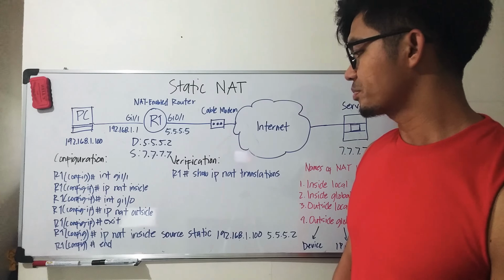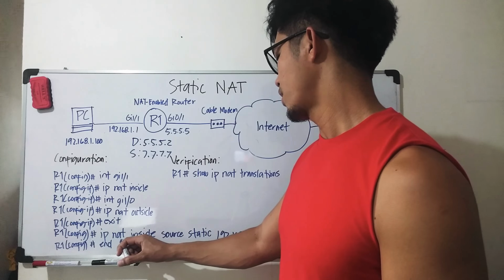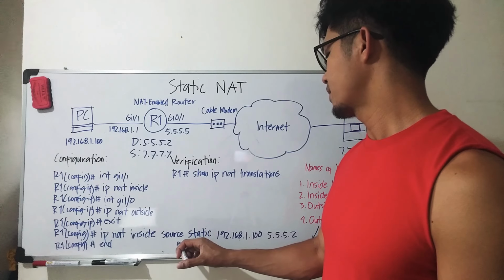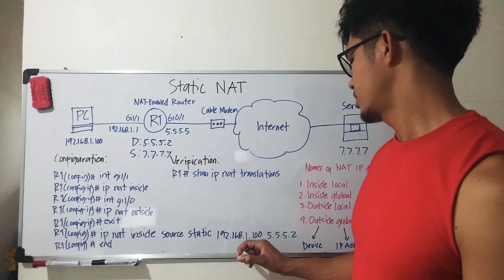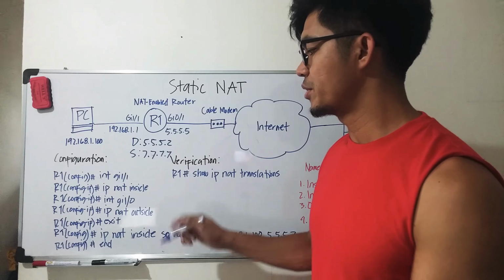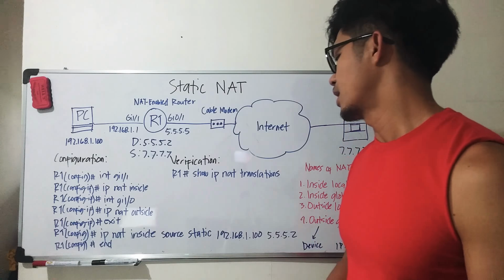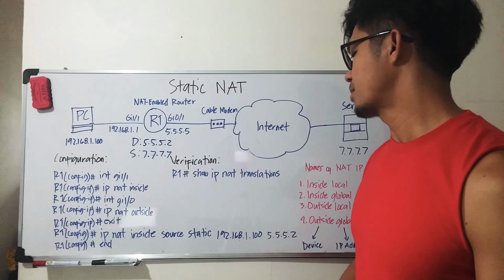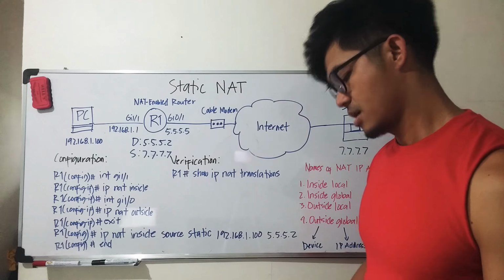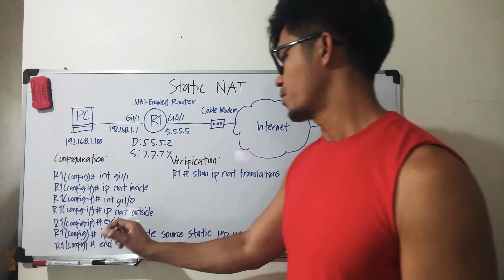And this is how you actually configure the source IP address. You configure the NAT inside source and the public IP address. So basically the mapping of the private IP address and the public IP address.